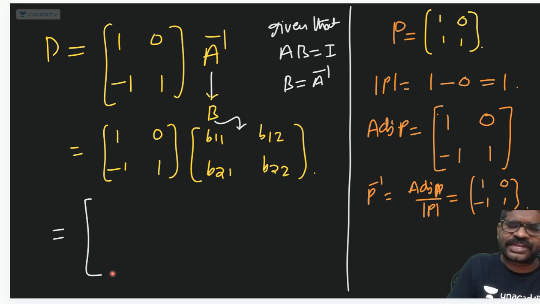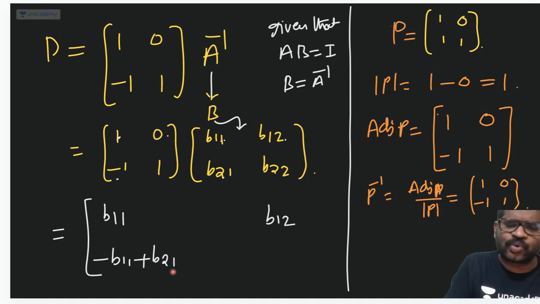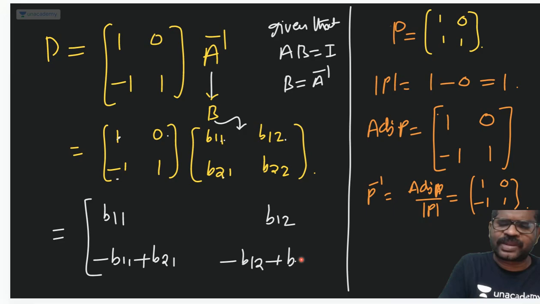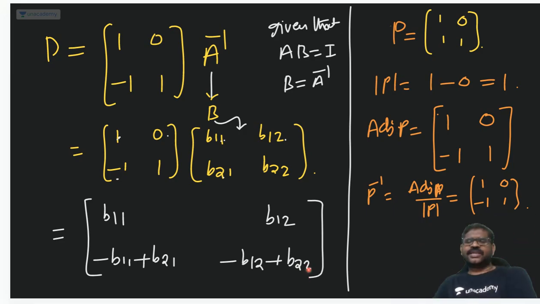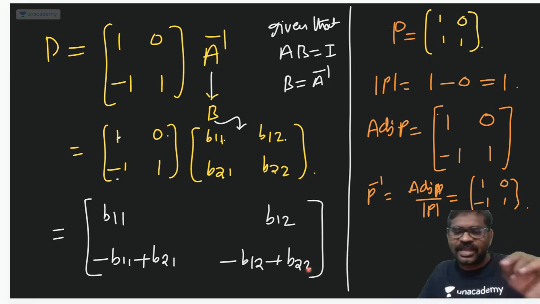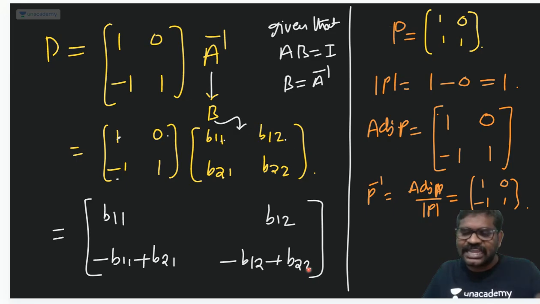Automatically you will get B11 plus 0, B12 plus 0, minus B11 plus B21, minus B12 plus B22. Understood? Now clearly our matrix D is in terms of B.